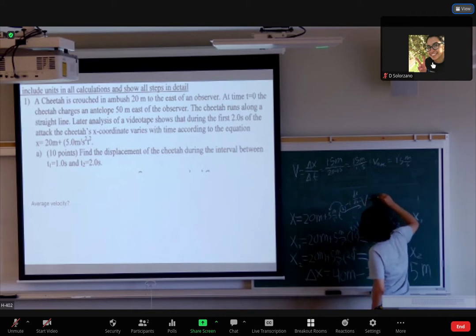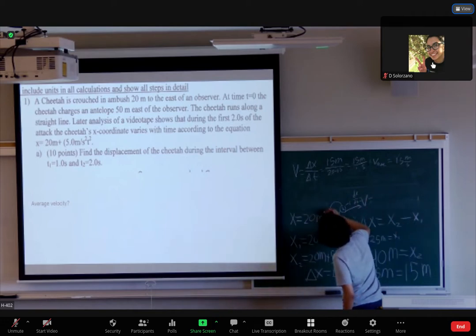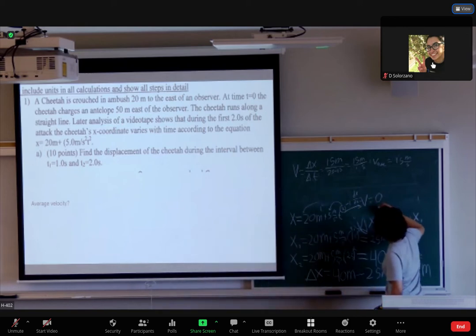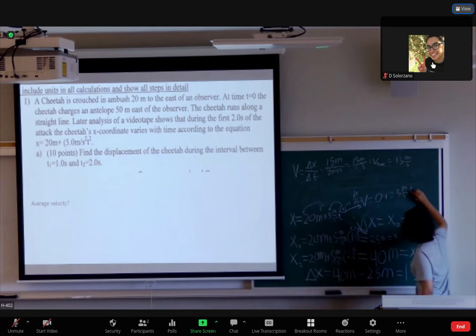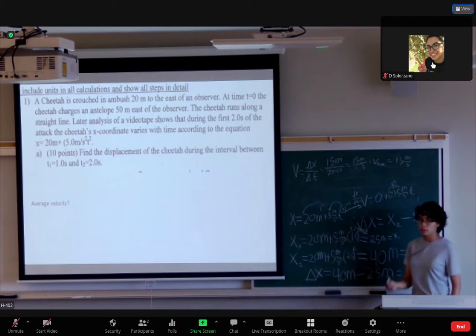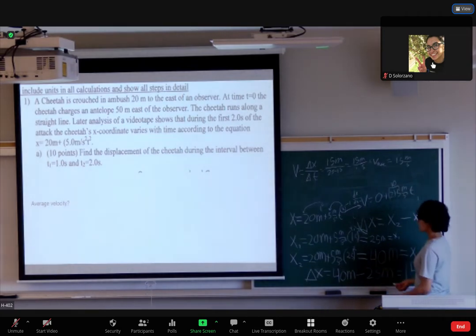This one would disappear because this is like t to the 0 power. So it's going to be 0 plus 2 times 5 meters over second squared t. So this 2 times 5 is the same as 10. Then this t, you can have a second there, and that's going to cancel with the second squared, so the units do lead to meters over seconds, which is what you would expect for velocity.